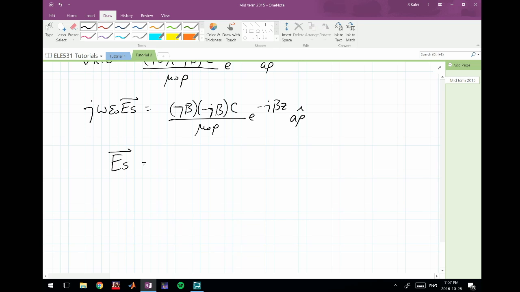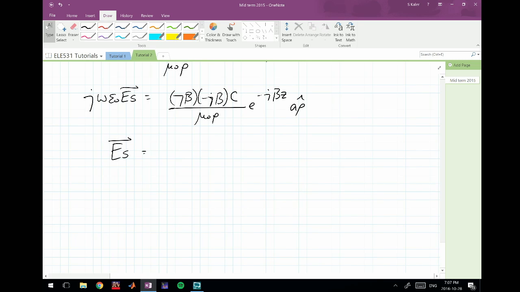Well, those two j's will end up cancelling out, because j times j is minus 1, negative that is just positive 1. So these two j's just become 1, so they go away. So we end up with beta squared C over j omega mu naught epsilon naught rho e to the minus j beta z a rho, and this is volts per meter.